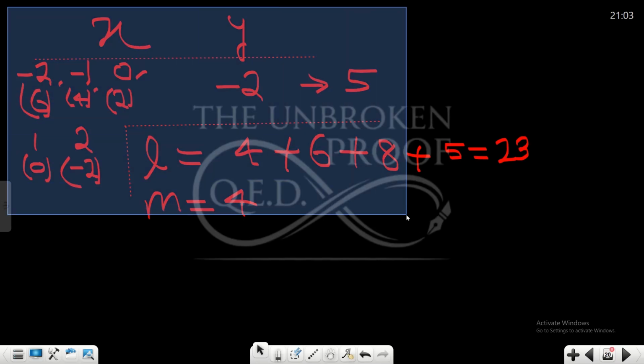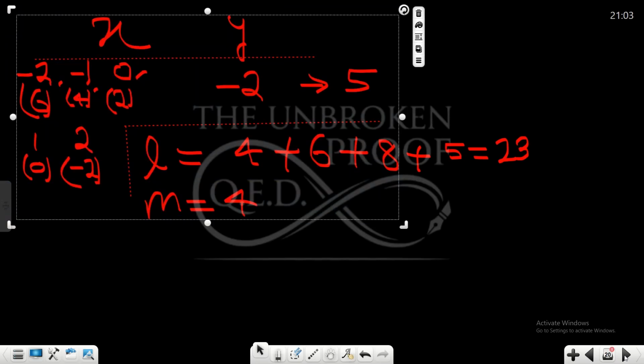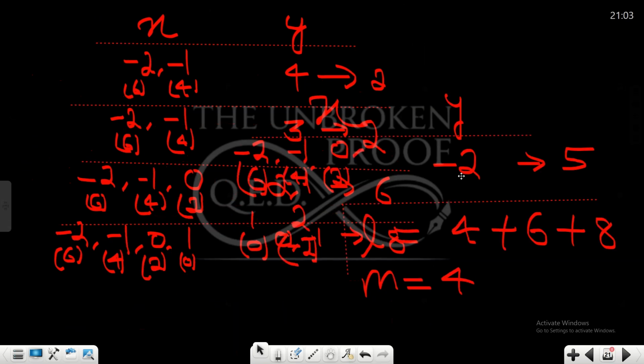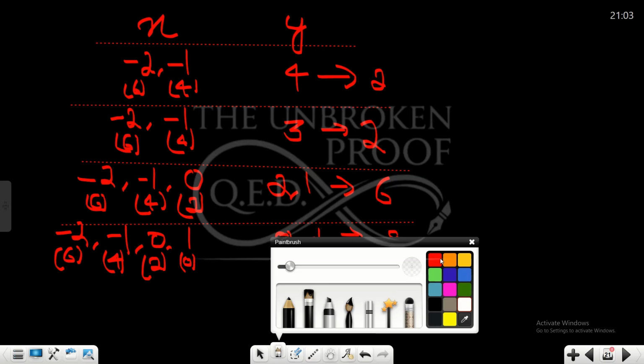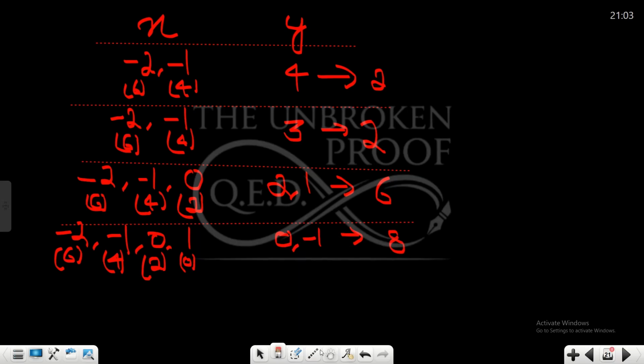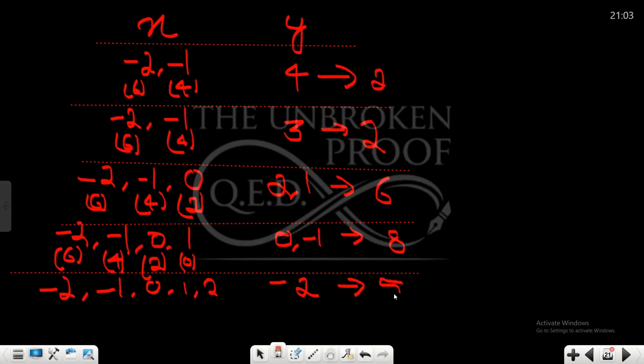Okay, and if I bring it over here, let me write again. So for the last case we have something like -2, -1, 0, 1, 2, right? If I take y as -2, and here you will get 5, and this will give you 23.